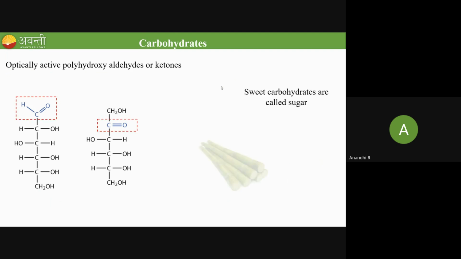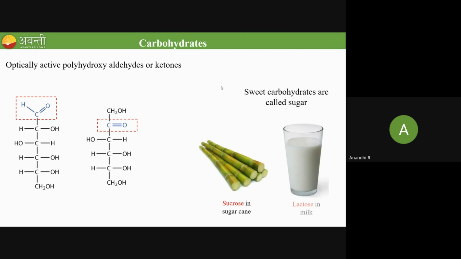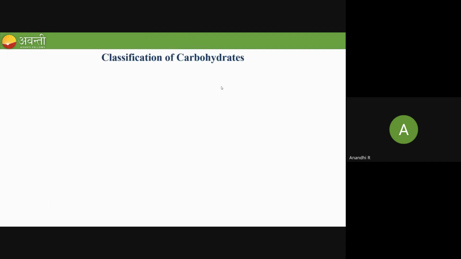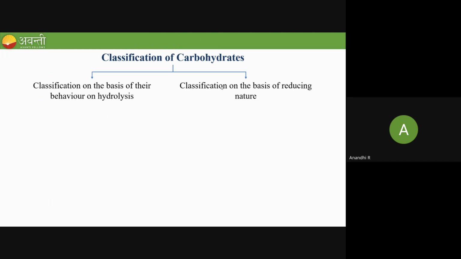So I'll go for the classification of carbohydrates. Carbohydrates are classified into two. First is on the basis of their behavior of hydrolysis. Second classification is on the basis of reducing nature.